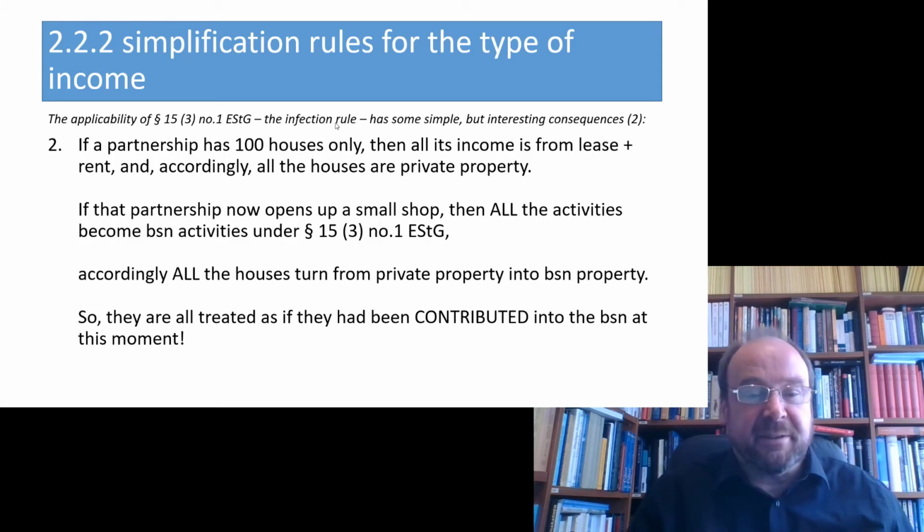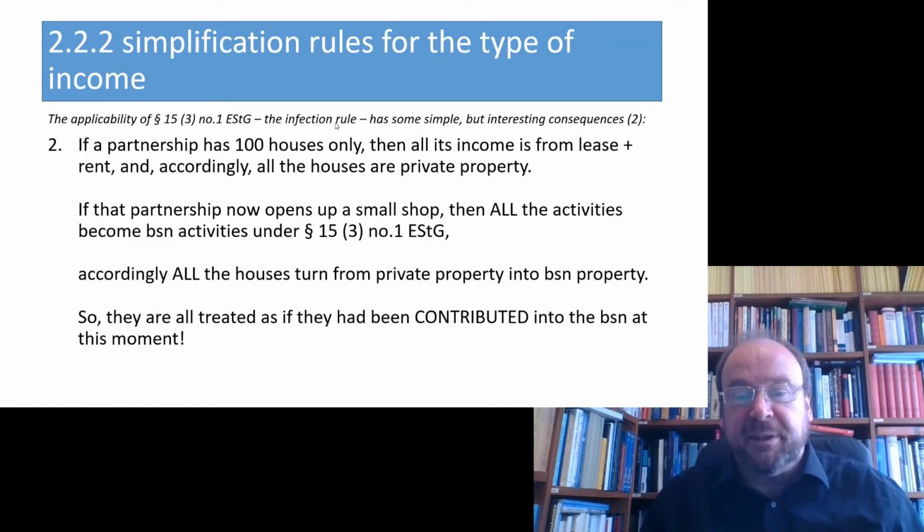Then all the activities become business activities now under the rule of 15.3 number 1. So all the houses begin to become business property. So they turn from private property into business property, so that would be regarded as a contribution of all the houses into a business property at this moment.